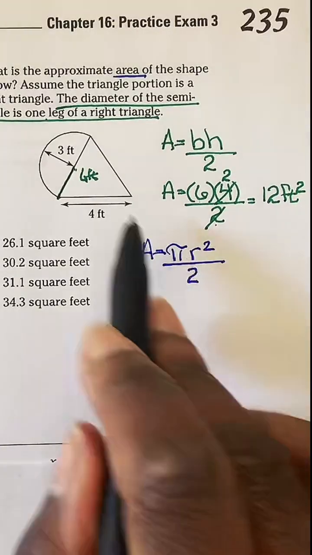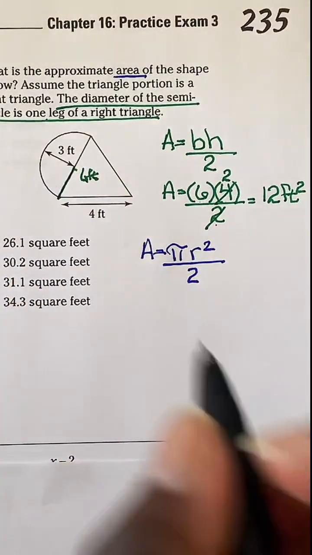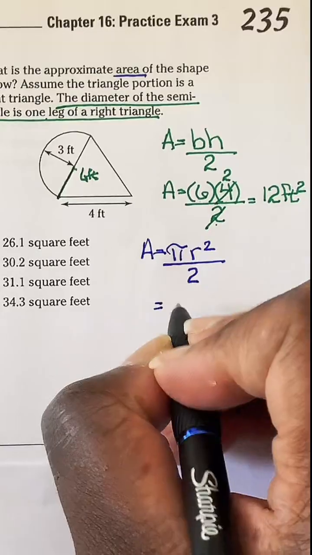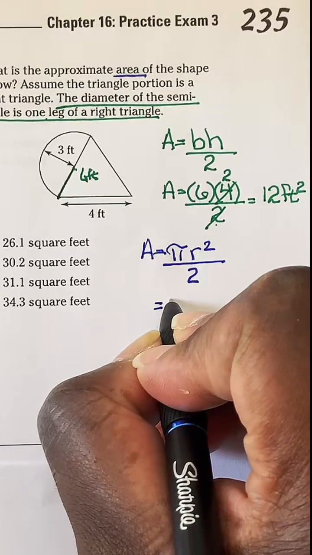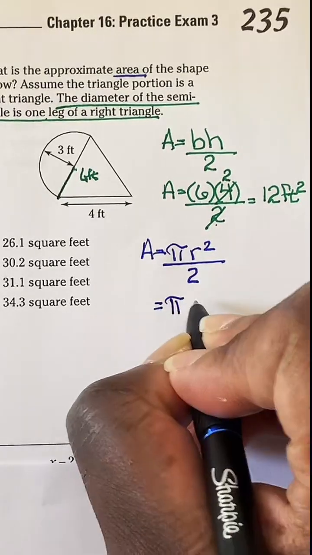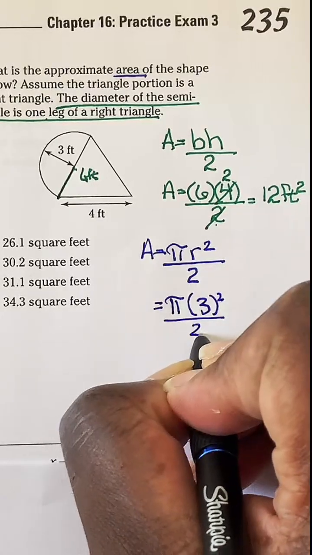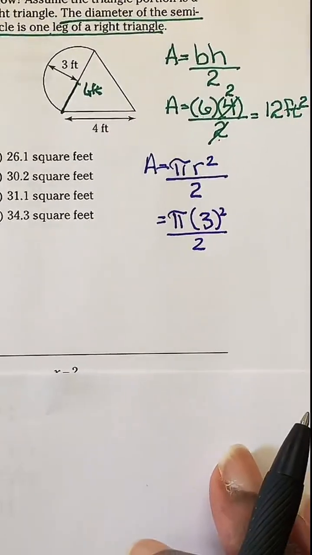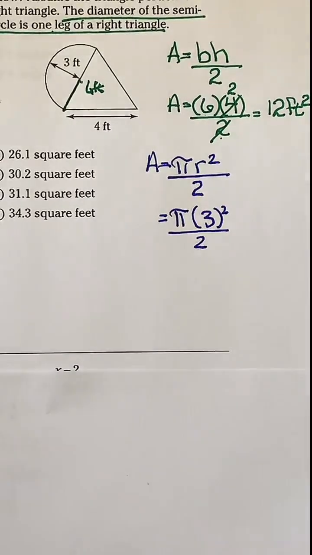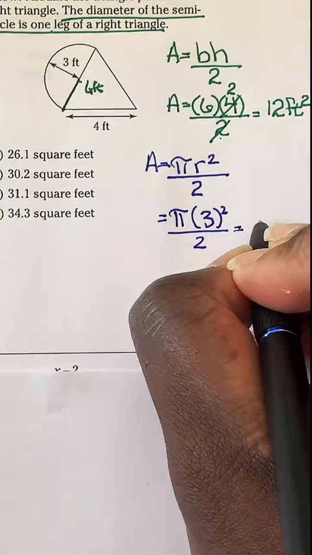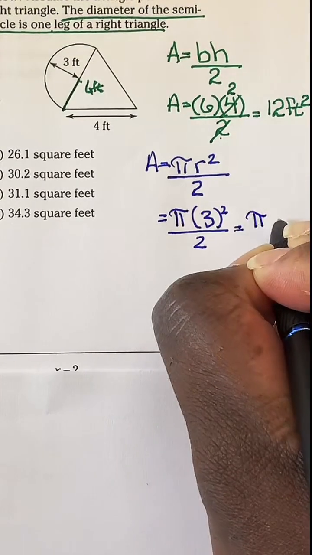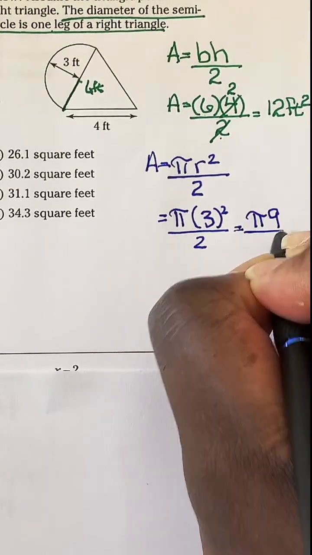So the radius is what they gave us, that 3 feet. Three squared is going to give me 9. So you got pi times 9 over 2.